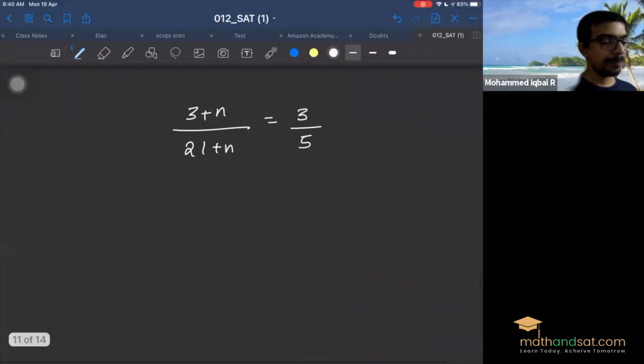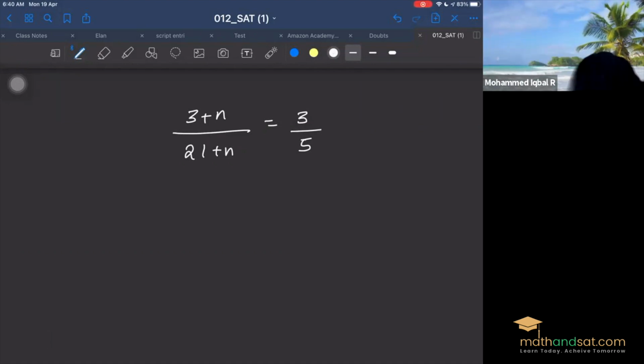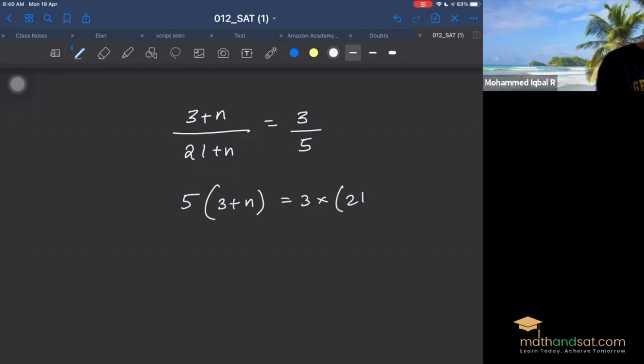Now let's see. Can you solve this equation and find the value of n? You have to cross multiply, right? Just cross multiply. We have 5 times 3 plus n is equal to 3 times 21 plus n.